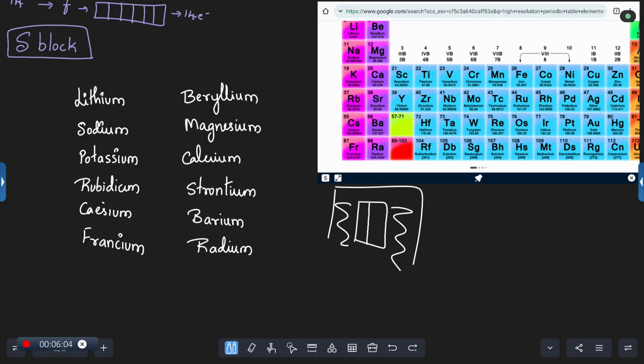Beryllium, magnesium? Second group elements. Not yet. After that, first group elements.